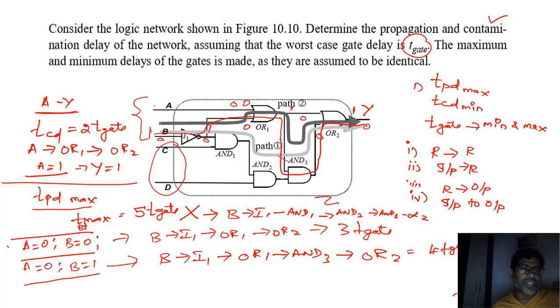So for this combination, A equal to 0, B equal to 0, or A equal to 0, B equal to 1, what you could see is the maximum you can have is only 4 T gate delay, not the 5 T gate delay. So what we say is, this 5 T gate delay is called a false path. What I mean by that is, that path will be there, but definitely it will not get accessed.